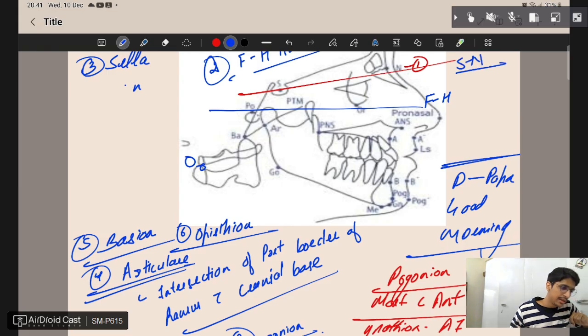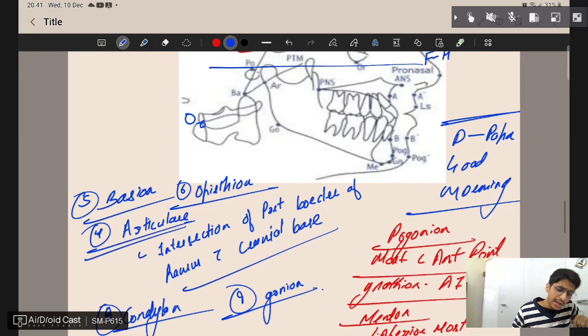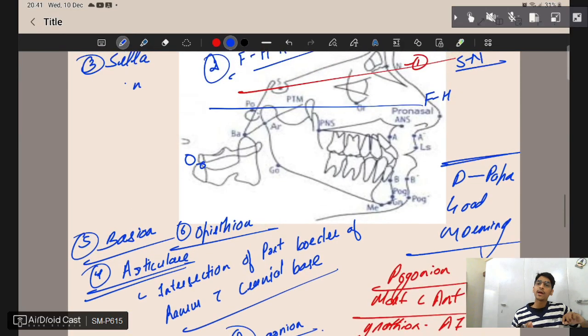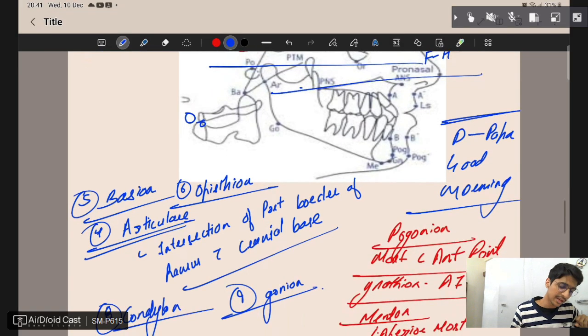The next is the palatal plane. We have only two landmarks in the maxilla, both representing the maxillary landmarks in the palate. Those landmarks are PNS and ANS. So this is our palatal plane.